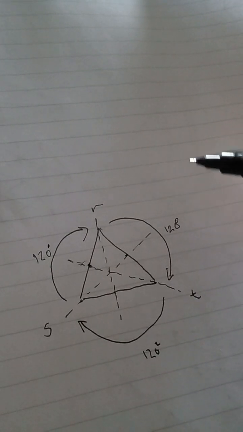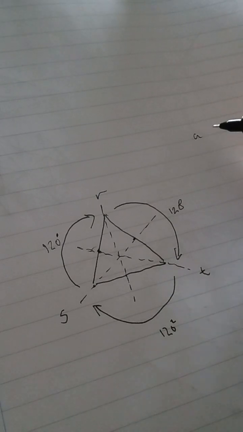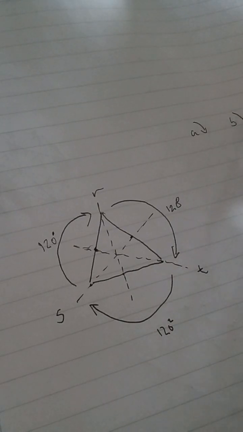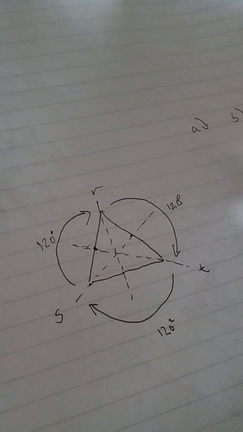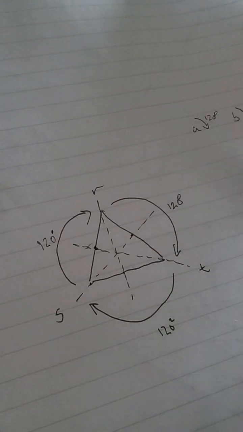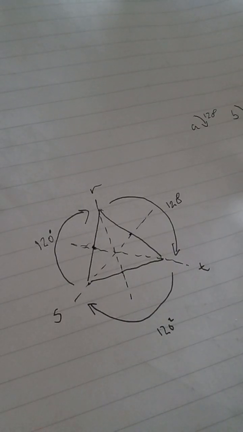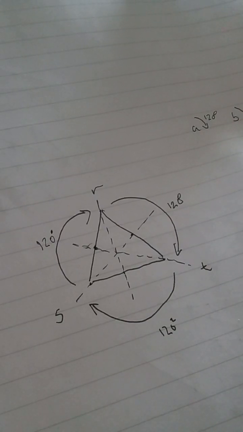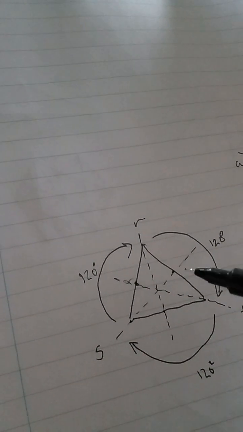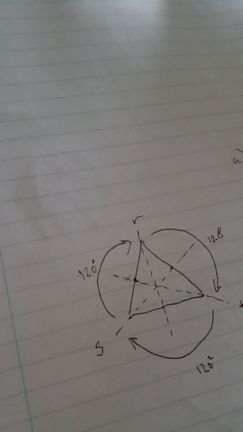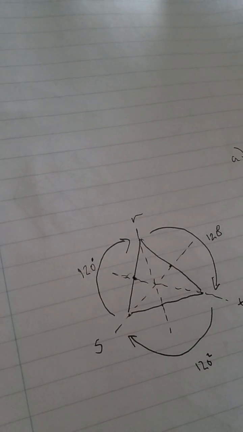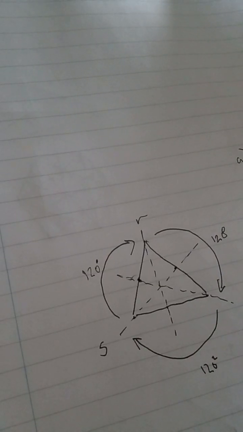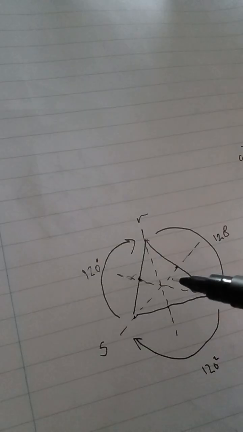So if A is 120, B is 240, and C is 360. You can achieve any of those by composing two reflections, because the angle between these reflections is 60 degrees.